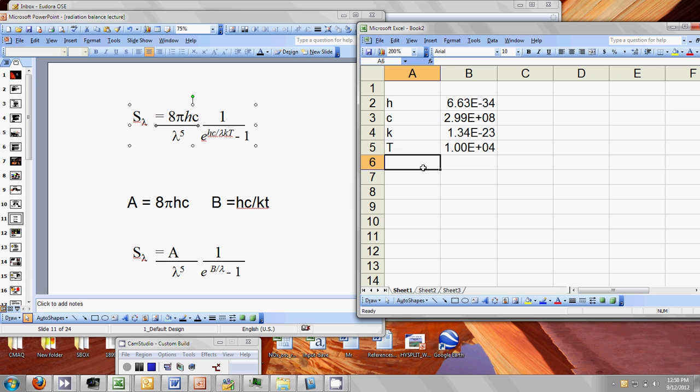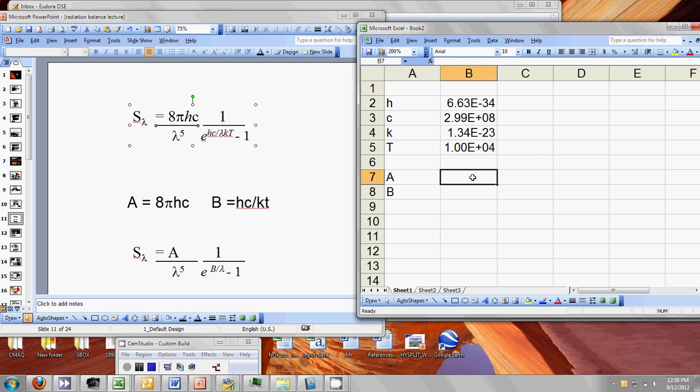Okay, so what we can then do is define two new constants, a, and a new constant that's related to temperature as b. a is just going to equal 8 pi hc, so that is this term up here. b is hc divided by kt, which is this term, which reduces our complicated formula into this simplified formula.